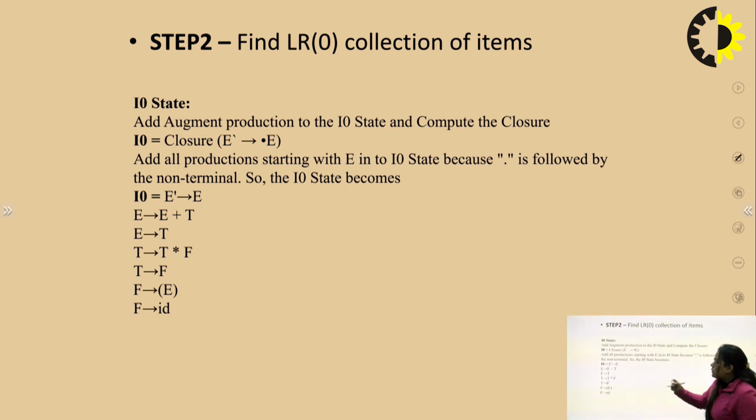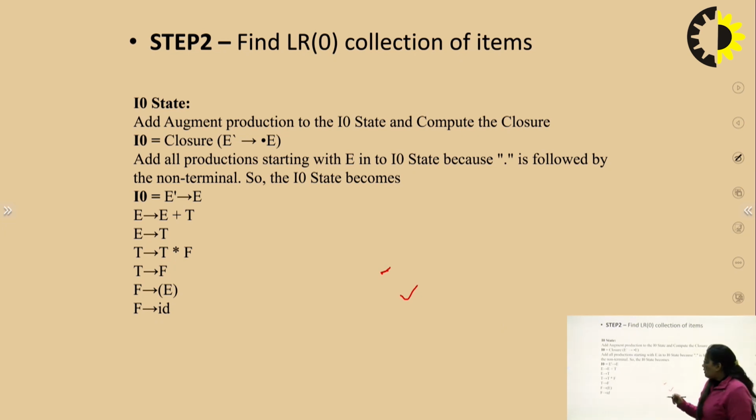So closure E dash implies dot E. Add all productions starting with E into the I naught state, because dot is followed by the non-terminal.